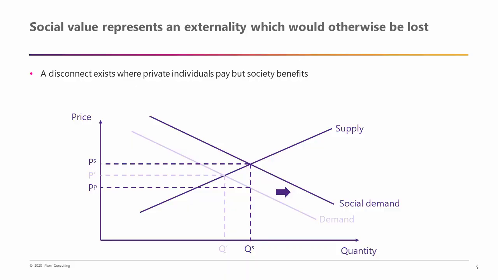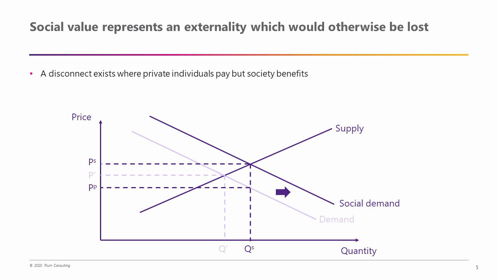So a disconnect exists where private individuals pay but society benefits. There are many famous examples of this: bus routes, police forces, cultural events. You can see that society here wants a greater quantity QS, but at that level individuals are only willing to pay PP, whereas suppliers want to be paid PS. At market equilibrium, society is underserved.